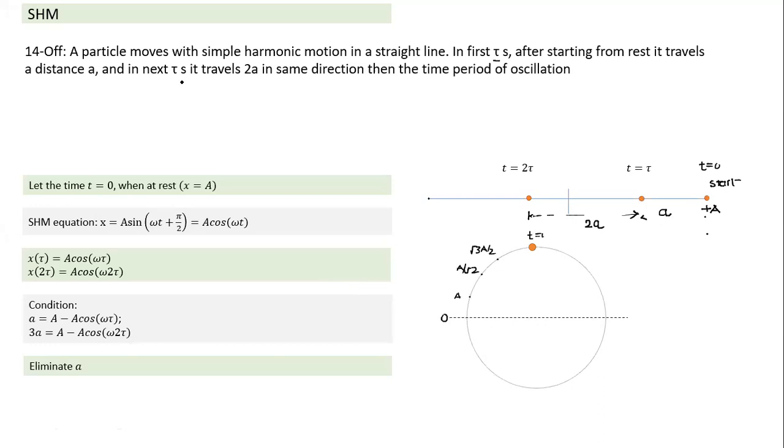Since these two distances are in a round ratio, I can guess where it would be in tau. If I have to guess, I'll say that in tau it has moved from this position to this position.